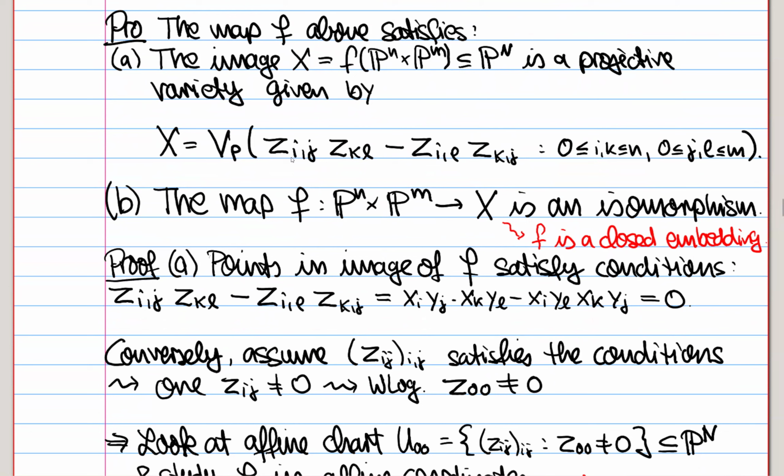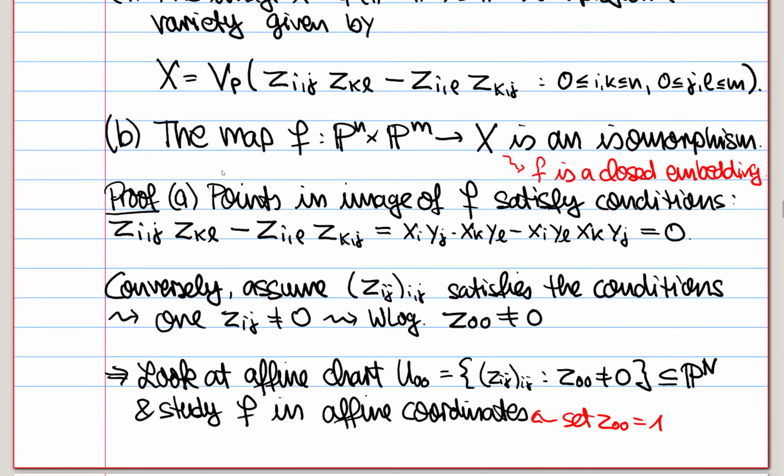If we calculate this equation on the image of F, we plug in the definition and we get x_i y_j x_k y_l minus x_i y_l x_k y_j. We swap these two indices, but of course, the product is commutative. So this indeed gives 0. So certainly F lands inside this variety.